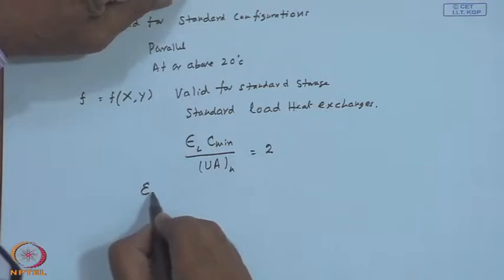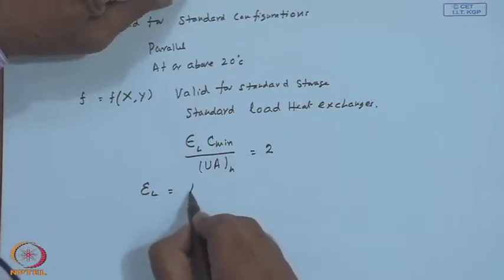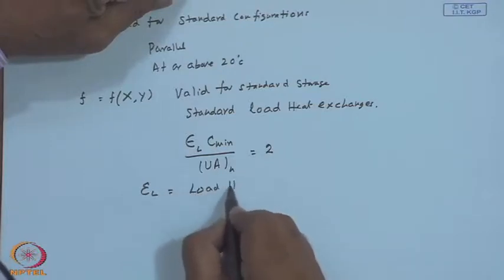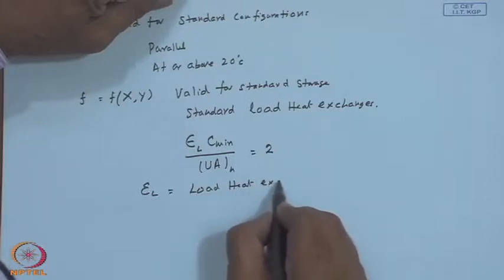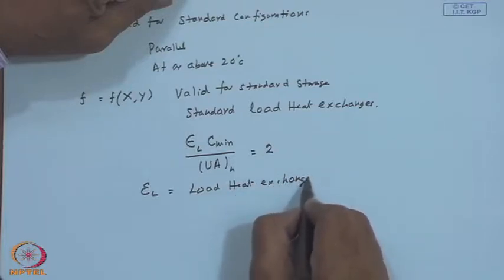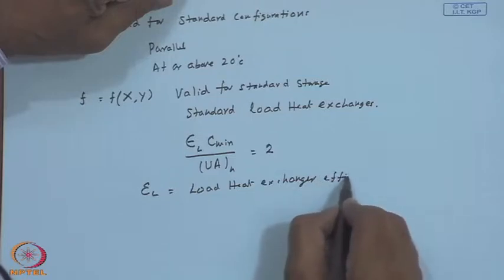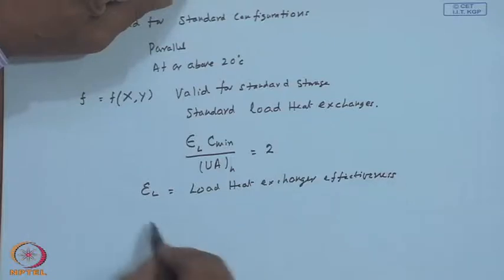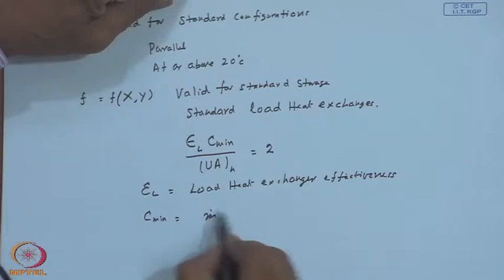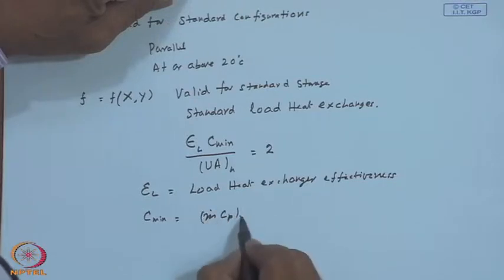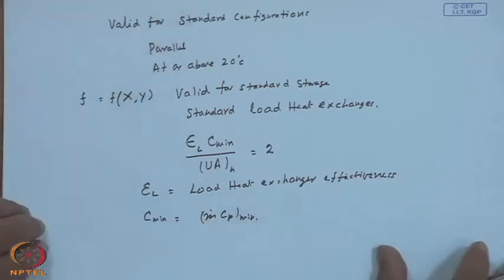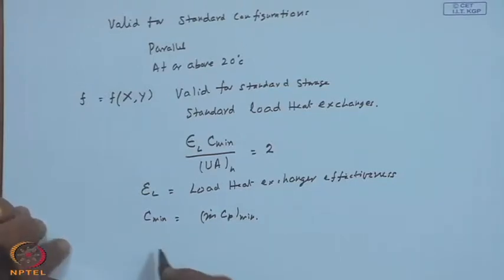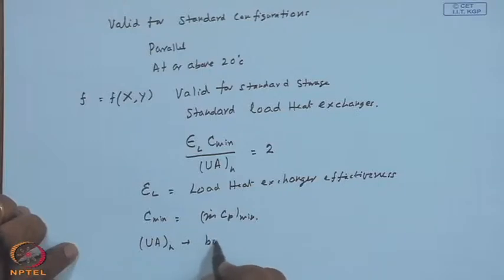Of course, epsilon L is the load heat exchanger effectiveness, and C minimum is m dot C p minimum of the fluids on the two sides of the heat exchanger, and UA H is the building loss coefficient.